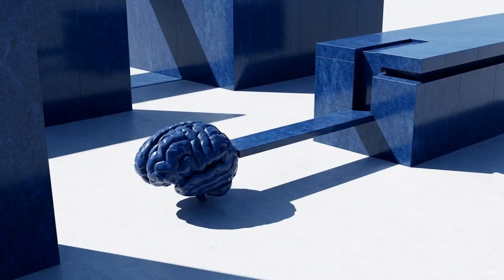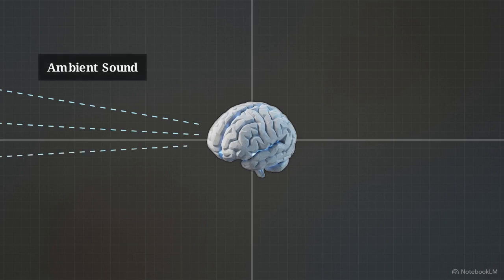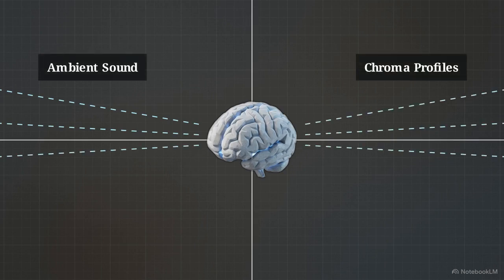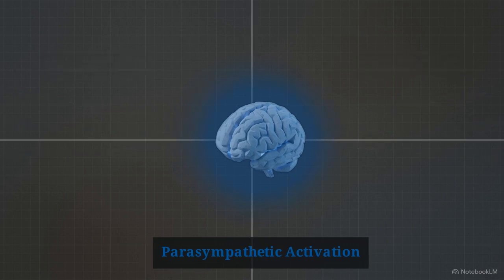This integration of architectural design and brain science is now classified as neuroarchitecture. The field focuses on how specific ambient inputs, such as sound profiles and light levels, can be used to manually trigger the body's internal repair mechanisms. When successful, these inputs activate the parasympathetic response, the physiological state required for rest and cellular maintenance.